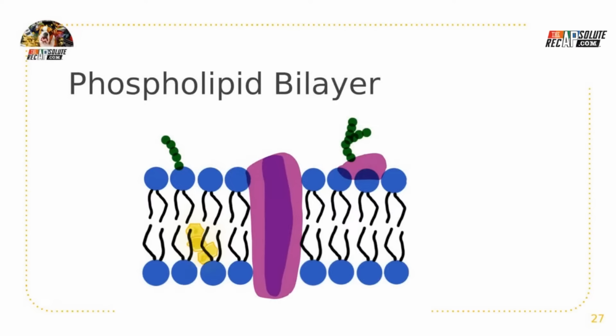Cell diagrams can vary so dramatically. I like to draw my own because I find that it allows me to be present in a way that I don't get stuck on one specific version of what it should look like. And the likelihood is you're going to see things on the exam you've never seen before or that are represented in a way that you're not as comfortable with. So expose yourself to lots of different diagrams.